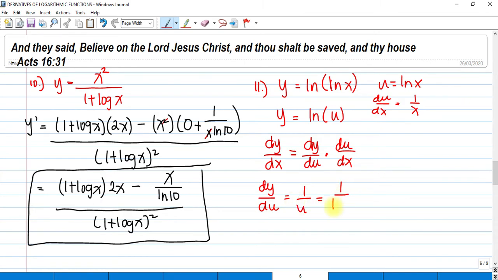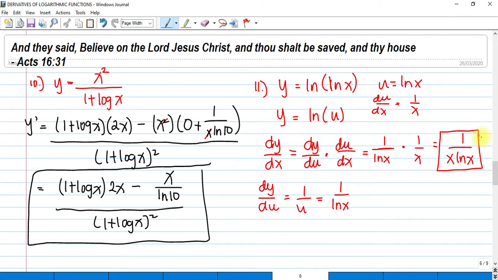So we have 1 over ln of x. So we multiply the two. We have dy over du is 1 over ln of x. Okay. And we multiply it by du over dx, which is 1 over x. So our answer would be 1 over x ln of x.